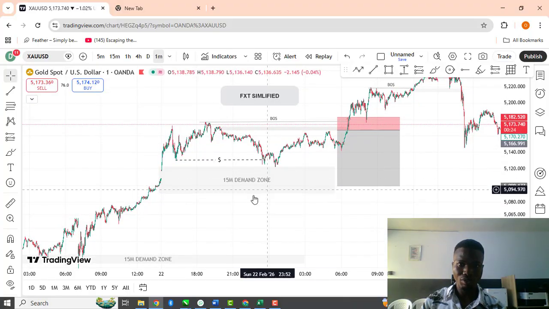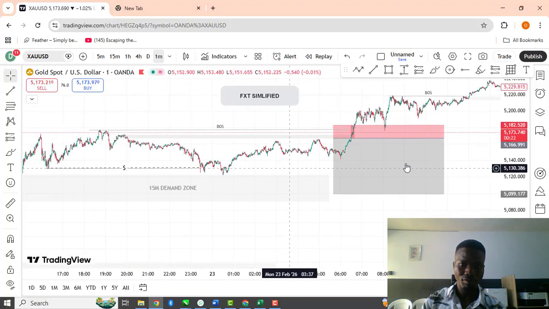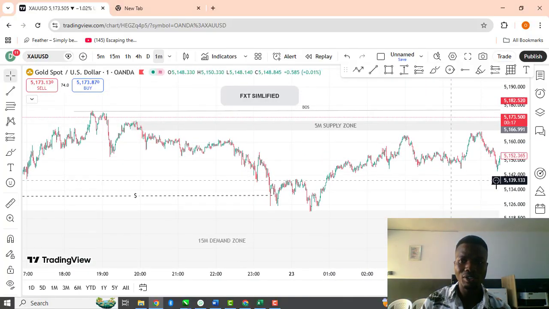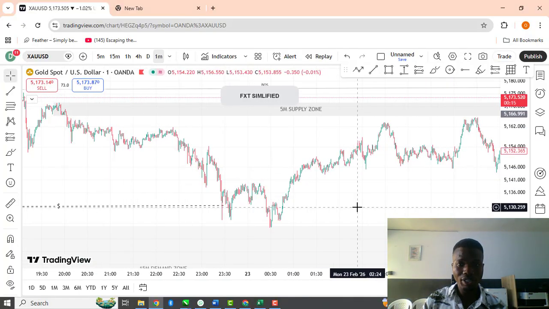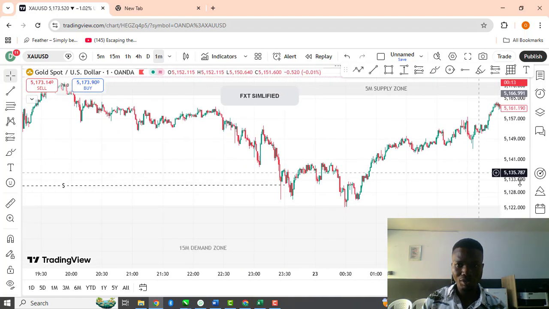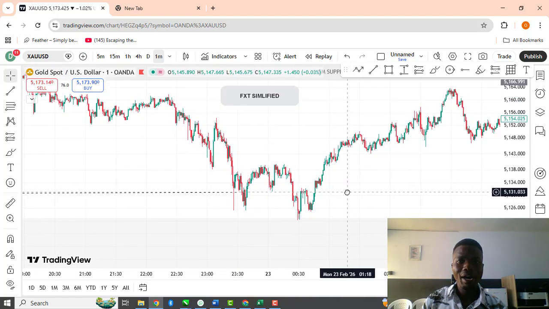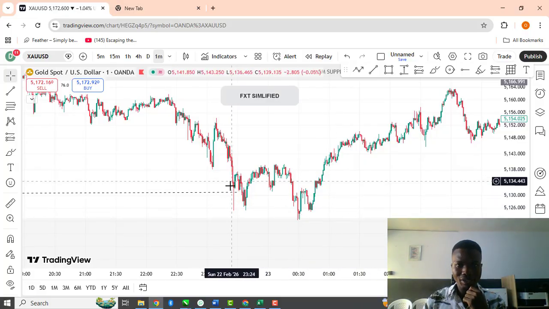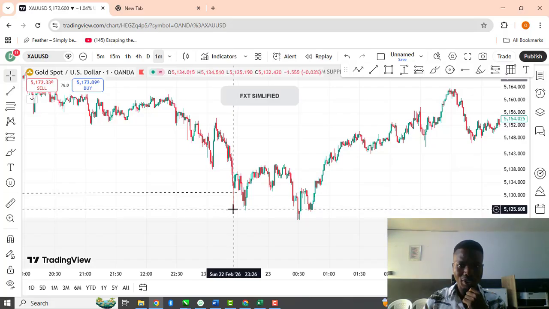So this is the beautiful thing that I enjoy about trading. Whatever happens on the higher time frame would have happened first on the lower time frame. This is something that I understood after price swept this liquidity. Price creates a double bottom.